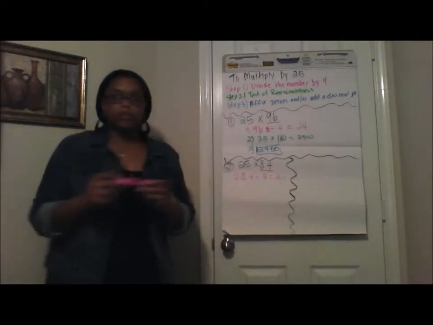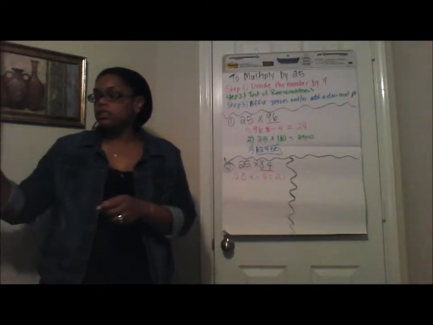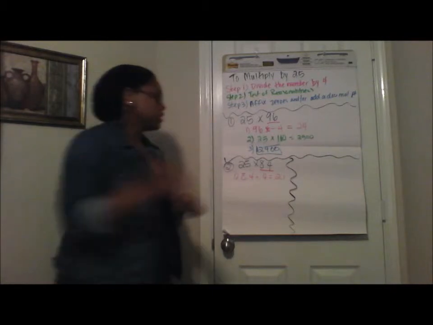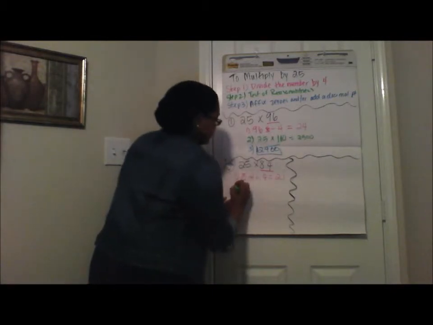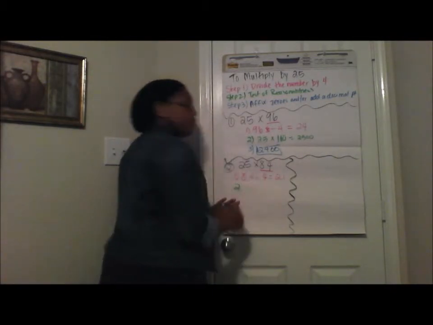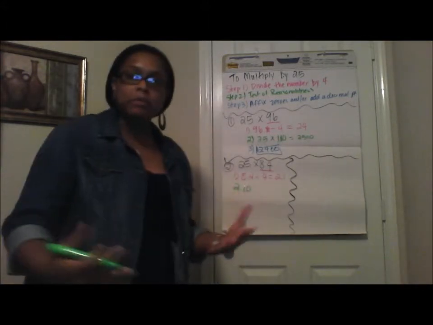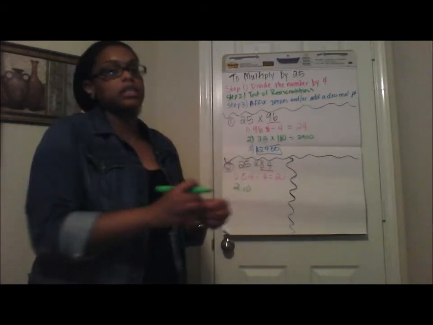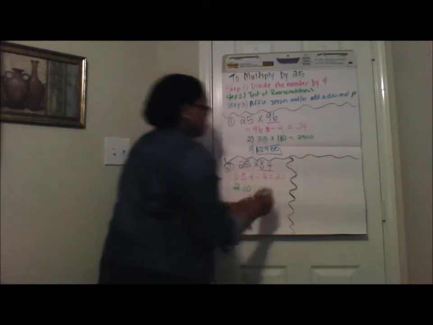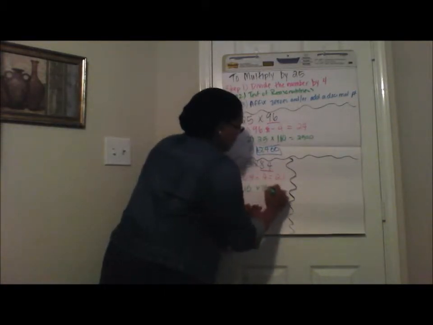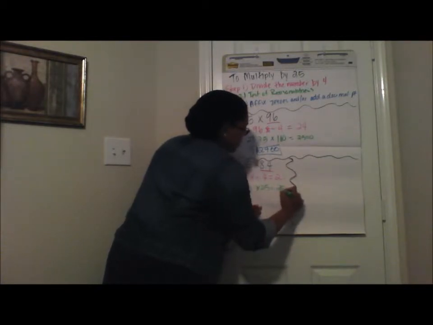Okay? Then I'm going to do the T of R test. When I do that, I'm going to round 8.4 to 10 because 10 is just like 100. I can multiply a number by 10 by simply affixing a 0 to the end of that number. So 10 times 25 gives me 250.